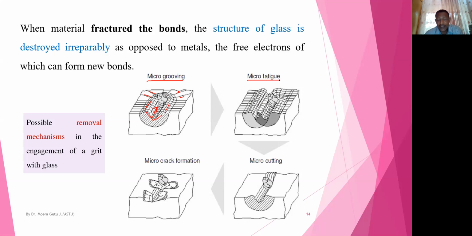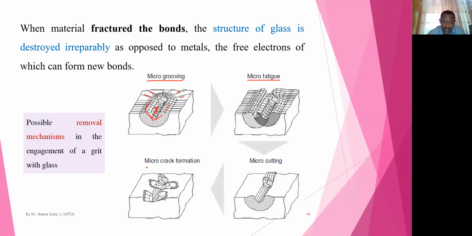Micro fatigue is also one form of material removal when machining glasses. Fatigue is, as you know, when repeated cyclic loads are applied on the workpiece material by a cutting tool, then the material removal or chip formation is in the form of micro fatigue.